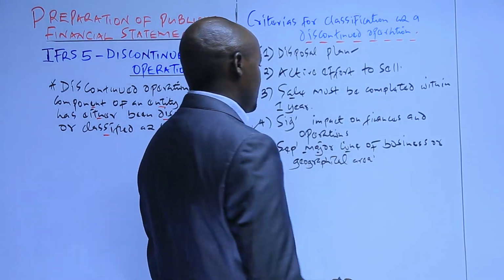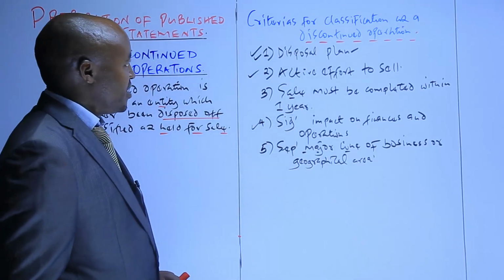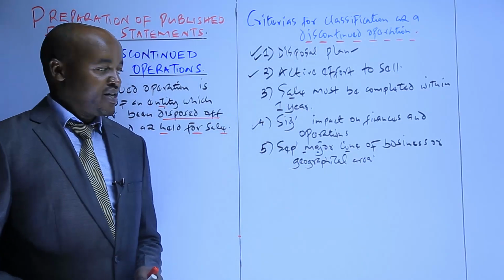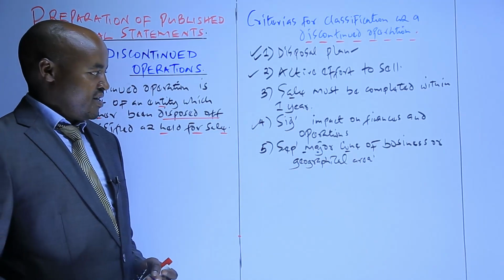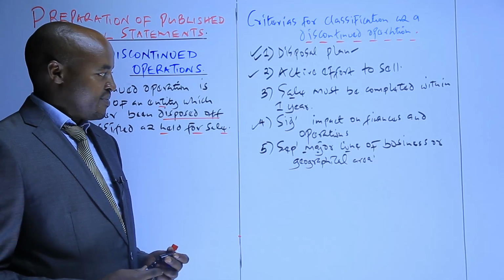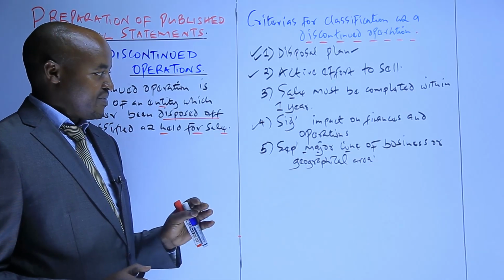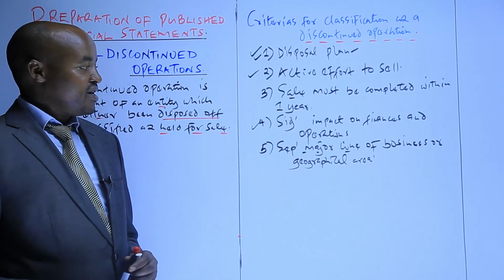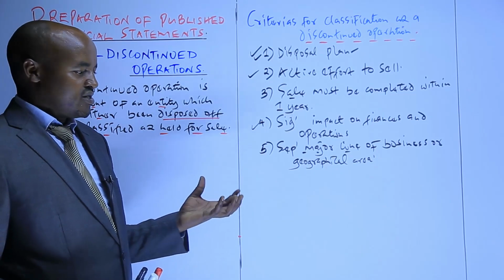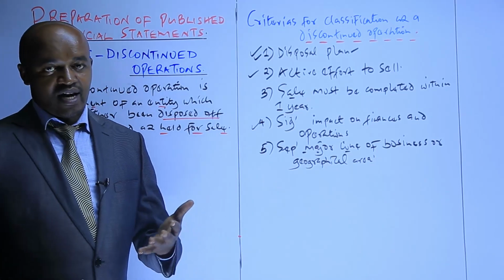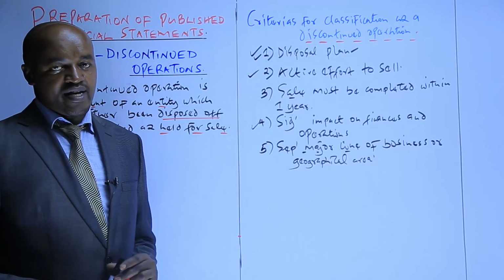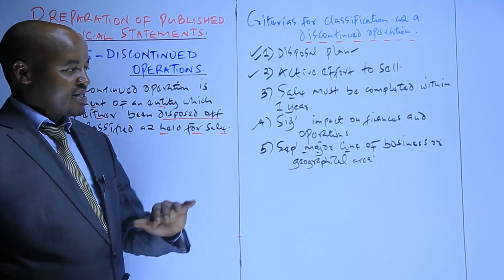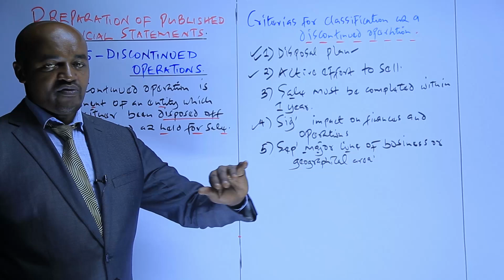Basically, what this means is that for an operation of an organization to qualify to be classified as a discontinued operation, it must be a separate major line of business or a geographical area. For instance, this mostly applies to a company having a number of branches, and maybe the company has decided to sell one of the branches.